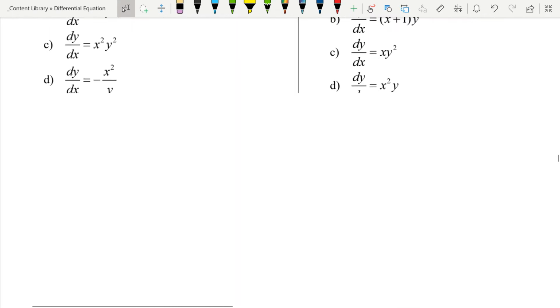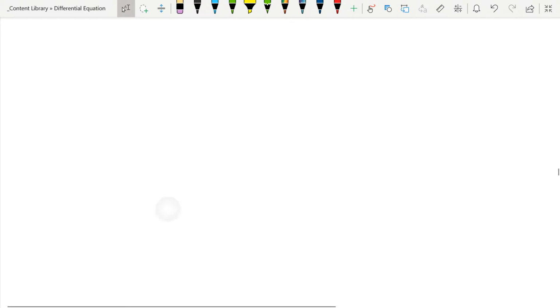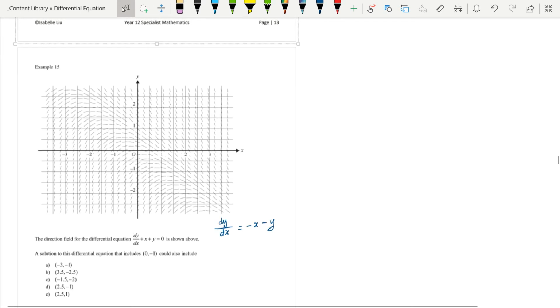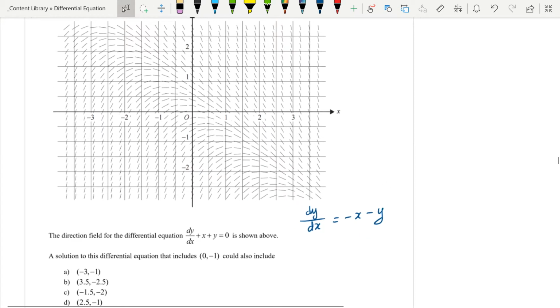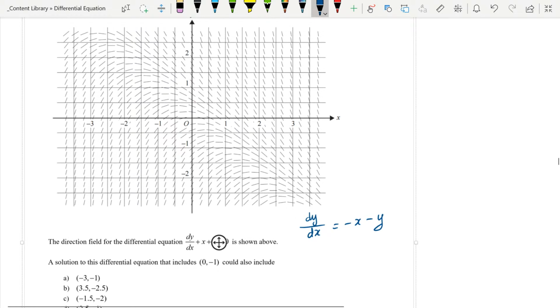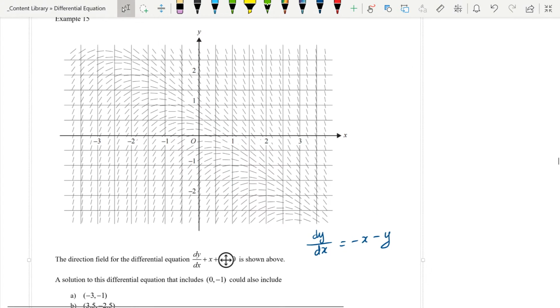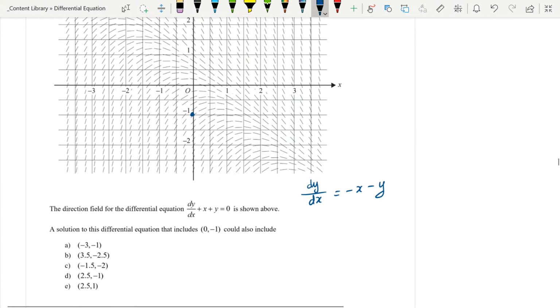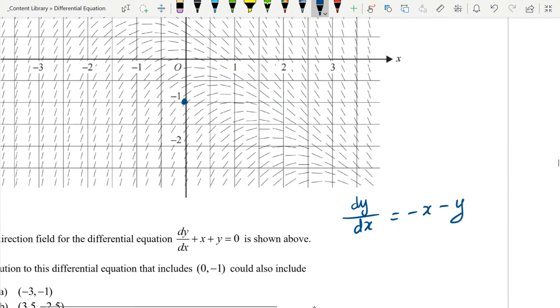But after 2016, the questions become more application-based: they give you the slope field and a point and ask what the solution graph looks like. So I know this is the slope field and I know the point 0, negative 1 is on this solution. The graph will pass through 0, negative 1, and I can see the trend of the graph should be more like that.